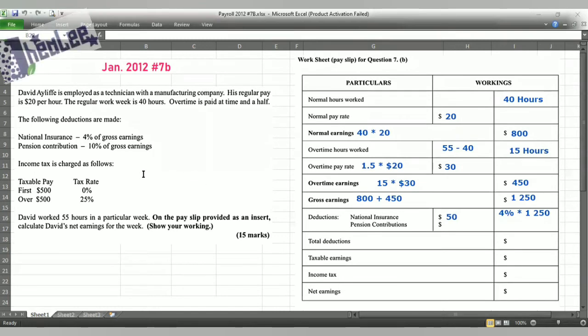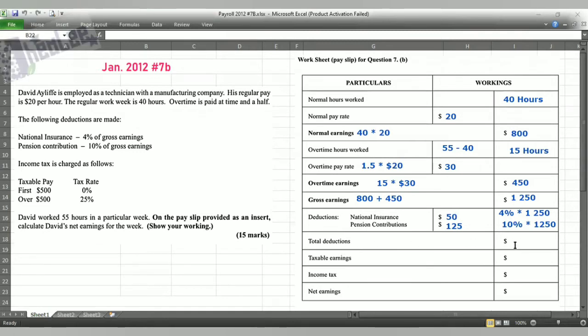Next is pension contribution, and we're to take 10% of the gross earnings and put that to pension contribution for the employee. So we're going to calculate 10% of the $1,250, and that gives us $125 for the pension.